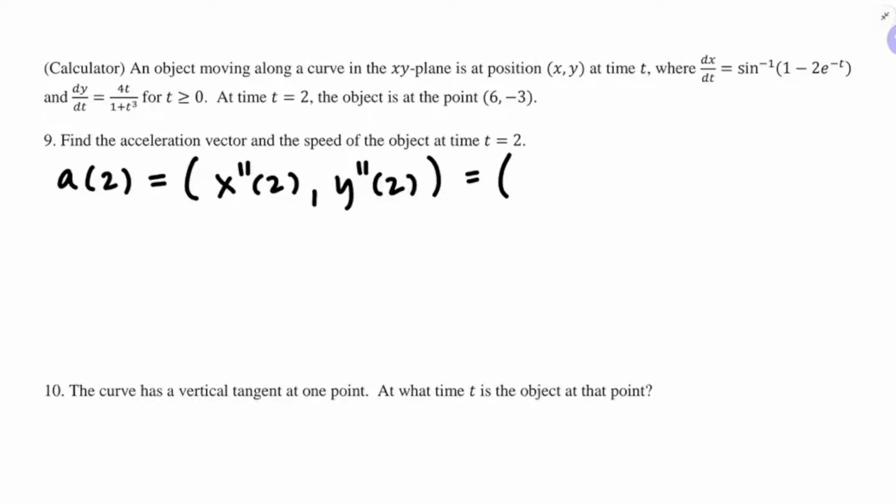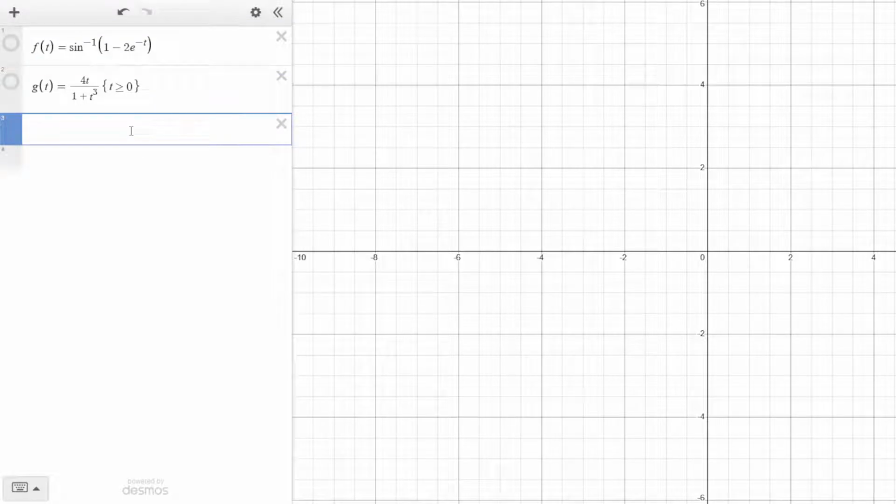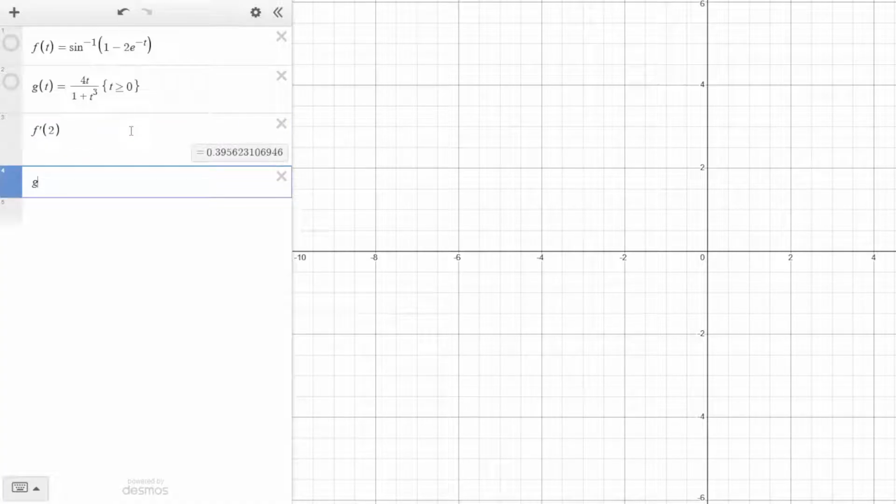Right, bring in the calculator and say, all right, f prime of 2 and g prime of 2. If you wanted a fraction, you could click that button and get negative 20 over 27, but I don't see any reason to do that.